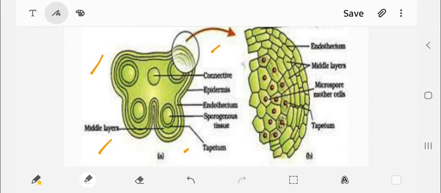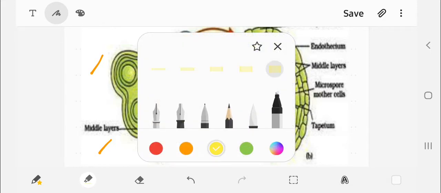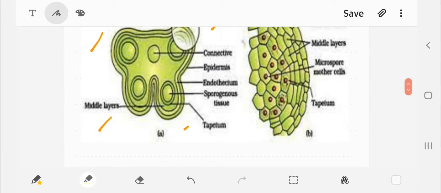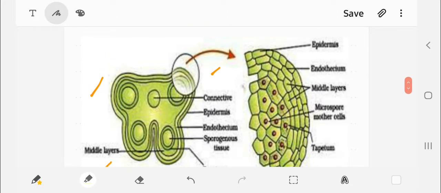The microsporangium consists of four walls or four layers. Number one is the epidermis. What is the function of the epidermis? That is protective in nature. Next layer is the endothecium. It is again protective in nature. And the third layer is the middle layer, composed of one to three layers of cells.